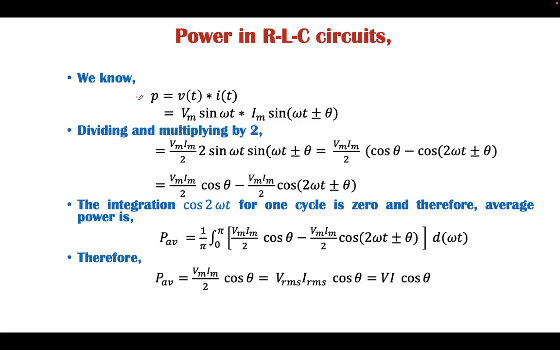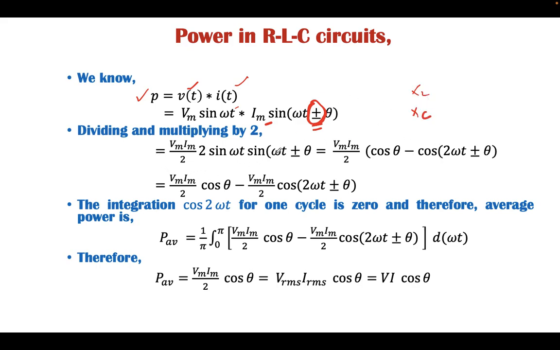Now again the power consumed in the circuit is given by Vt into It. Vt is Vm sin omega t. It is equal to Im sin of omega t plus minus theta, considering the sign as plus or minus depending upon XL and XC.